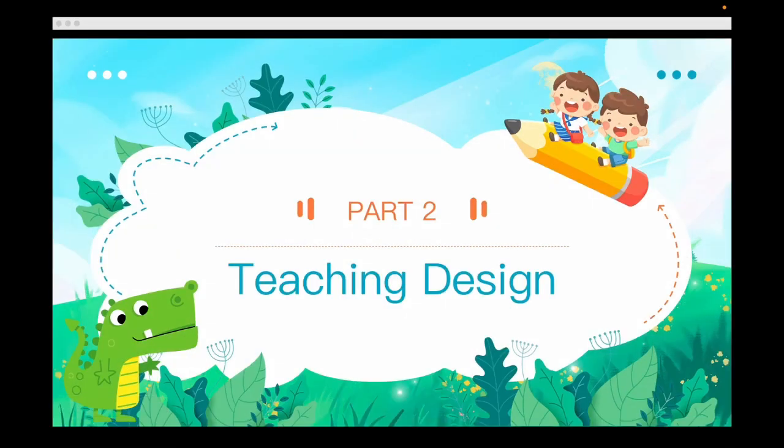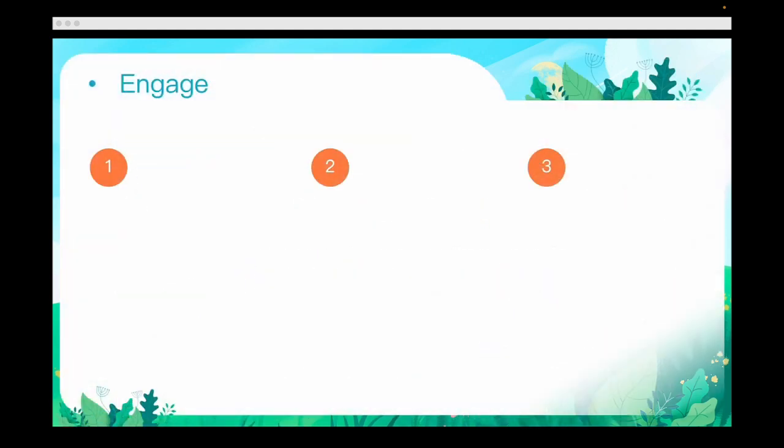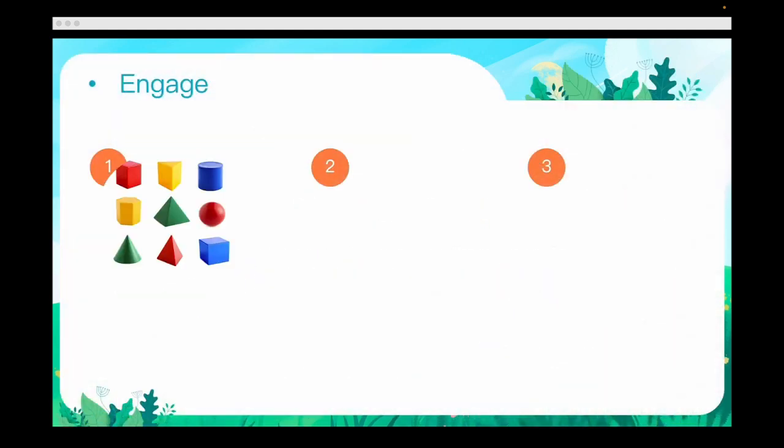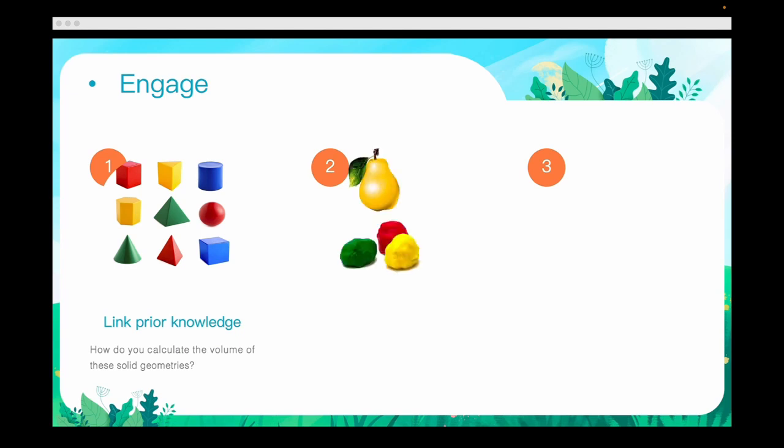The second part is the teaching design, and we design the instruction according to the 5E model. The first stage is engage. The teacher links prior knowledge by asking how the volume of regular objects is calculated, and then connects to the new knowledge: how to calculate the volume of irregular objects, and lets students think.